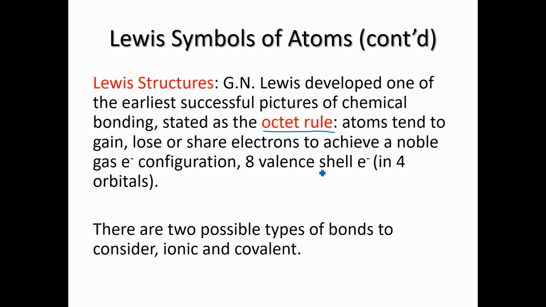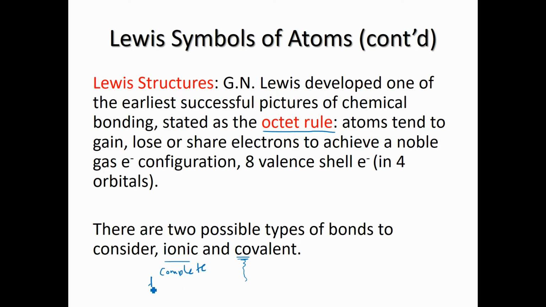Some of the elements in the periodic table don't follow the Lewis method of drawing structures, but those ones will not be discussed in this class. So there are 2 possible types of bonds to consider. There is covalent, like colleague, where there is sharing of electrons. There's ionic, where there's complete transfer of electrons.